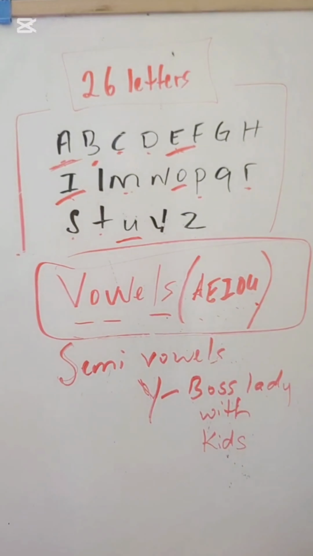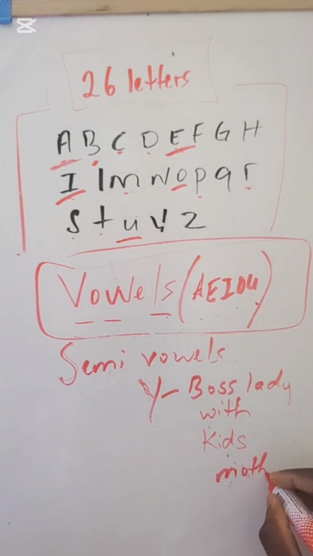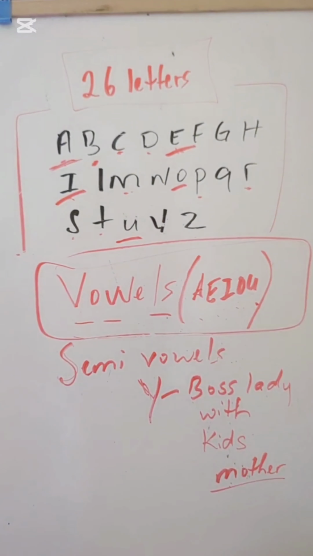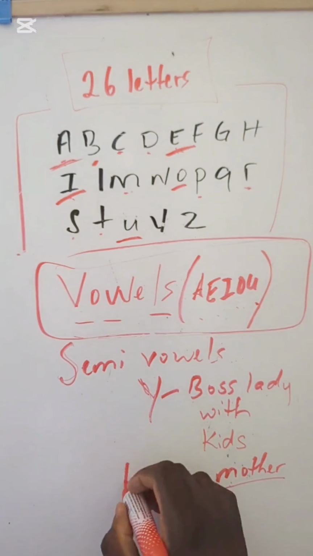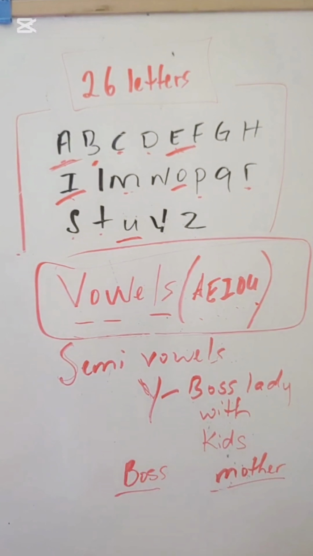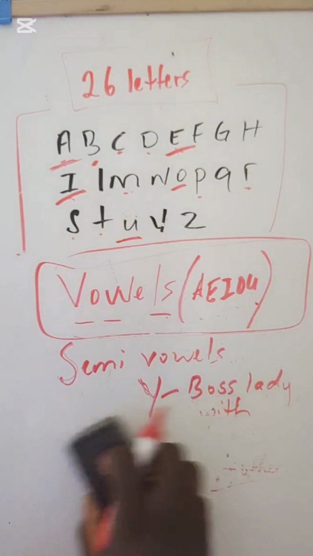Because when she goes home, she does not act like a boss. She acts like a mother. So on one side, when she is home in her environment, she acts like a mother. But when she is at work, you know she is the boss, so she has to take control of things. See? Y is a semi-vowel.